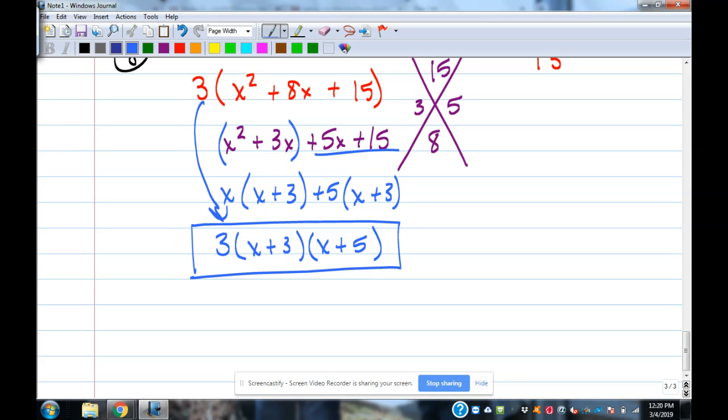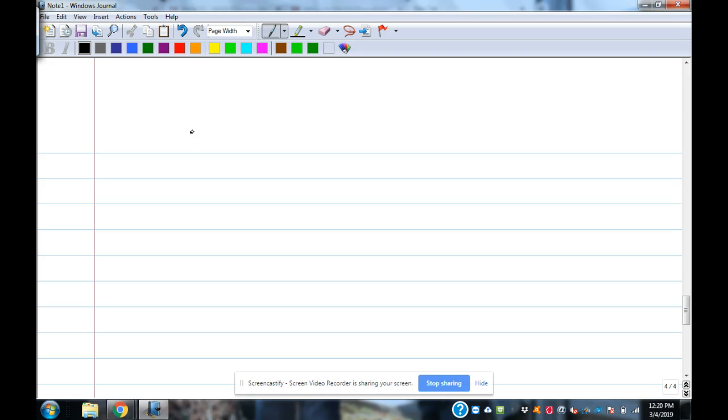All right, let's look at one last problem. See how we do with it here. 5x cubed minus 65x squared plus 150x. It is in descending order. Very good.